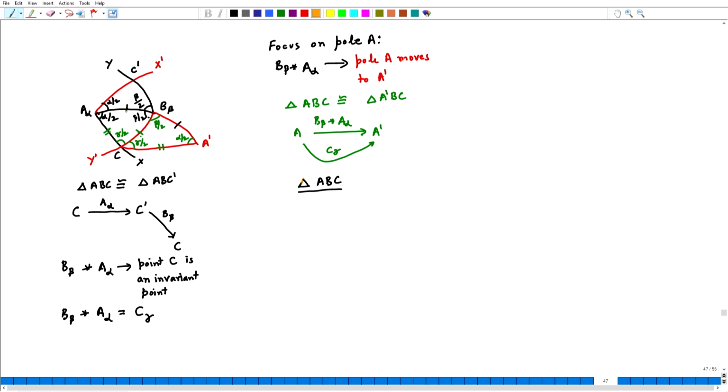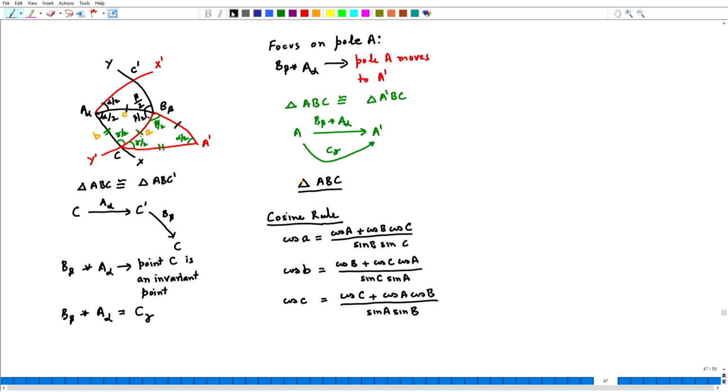Let us denote the distance between A and B as C, between A and C as B, and between B and C as A. These are essentially nothing but the angles between the rotation axes A, B and C. Now, we come back to the cosine rule. What can we say? Small a, small b, small c in the cosine rule are denoted already in the triangle ABC. What about the angles, capital A, capital B, capital C? They are nothing but alpha by 2, beta by 2 and gamma by 2.